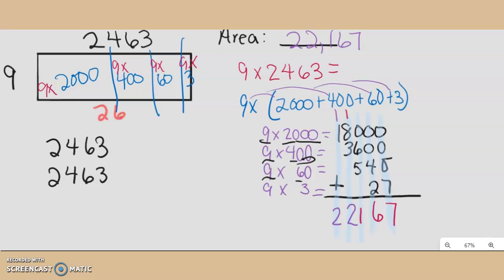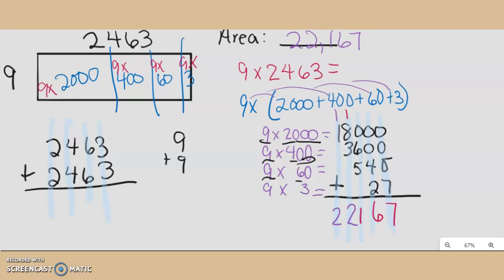Here's your 2,463 and your 9. So you're going to add your 9, and then you have your 9. So you have 9 plus 9. Stack them vertically, not side to side. Then you're going to add them vertically again.